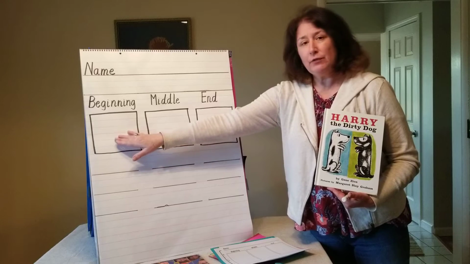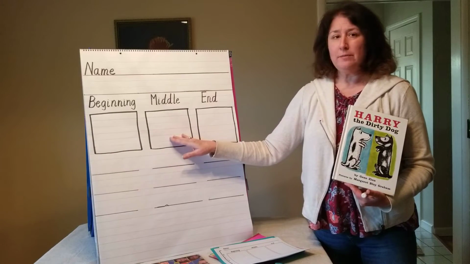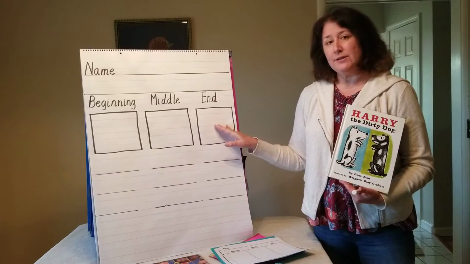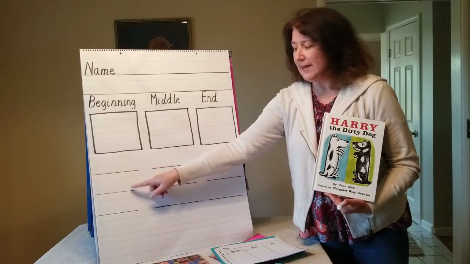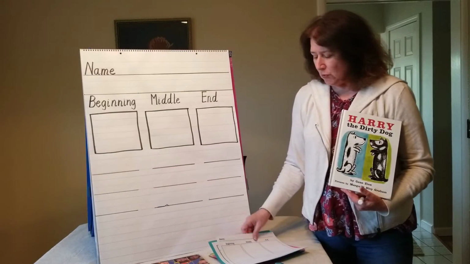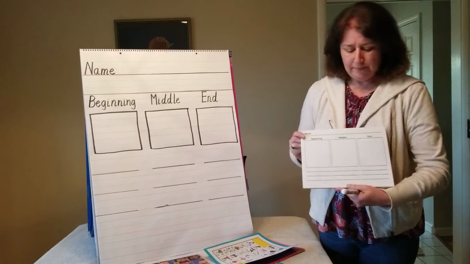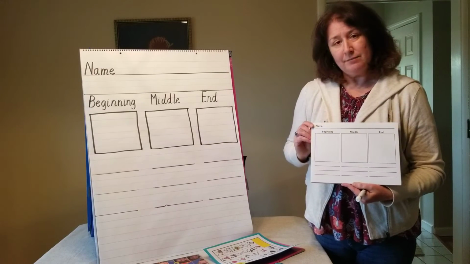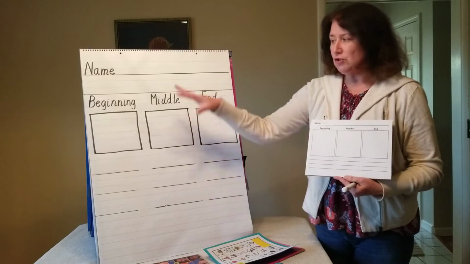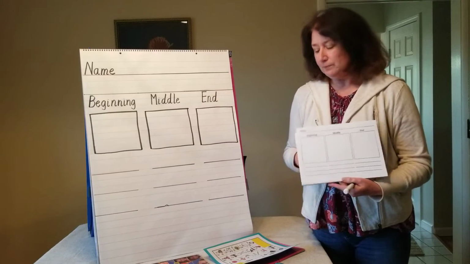And there's a box for the beginning, there's a box for the middle, and there's a box for the end. And then there are some writing spaces below. Now the graphic organizer that you will use looks like this, okay? Smaller than mine. I just tried to draw it up here so we could look at it together.